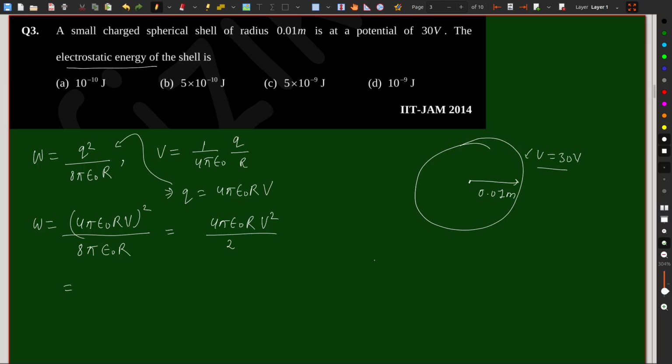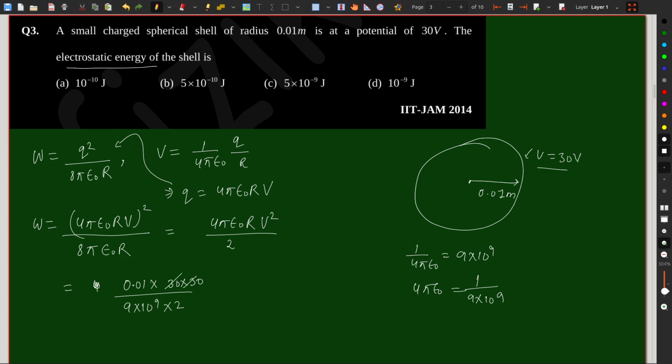So 1 over 4 pi epsilon naught equals 9 into 10 to the power 9, and 4 pi epsilon naught will become 1 over 9 into 10 to the power 9. Put it here. The radius is 0.01 into 30 into 30 divided by 9 into 10 to the power 9 multiplied by 2.